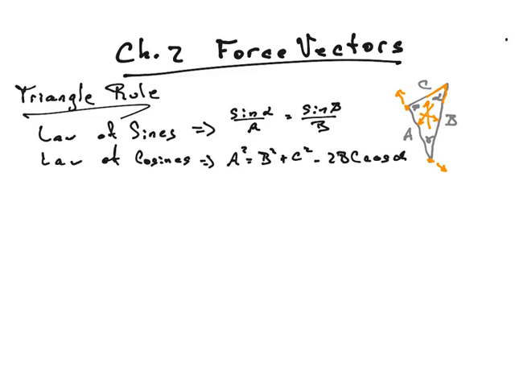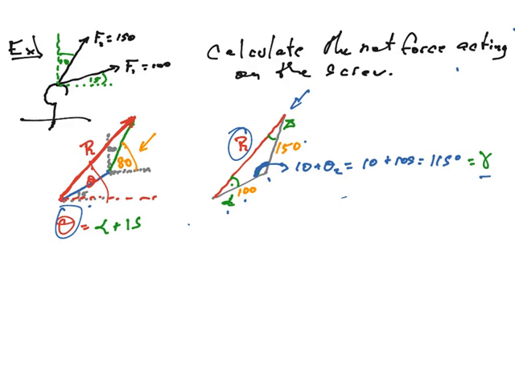What about law of cosines? If I want to use law of cosines, what do I need? Well, I'm looking for a side length. I need the other two sides, and I need the angle for the side I'm looking for. So let's see. Let's say I want R. If I want R, I need the other two sides.